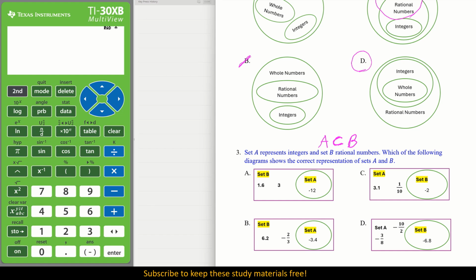However, C and D show it the other way around. They show B being a subset of A. So I would say C and D are not an option.